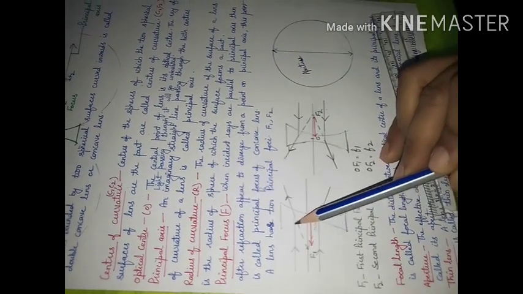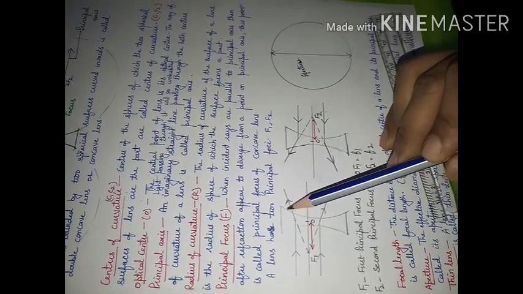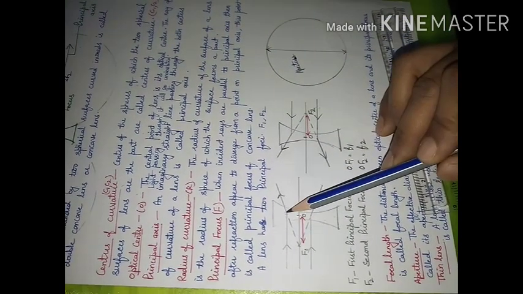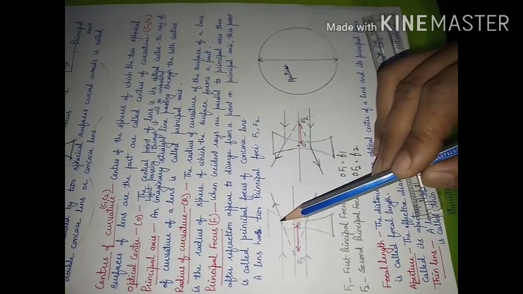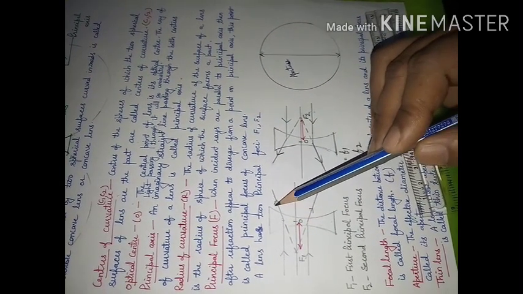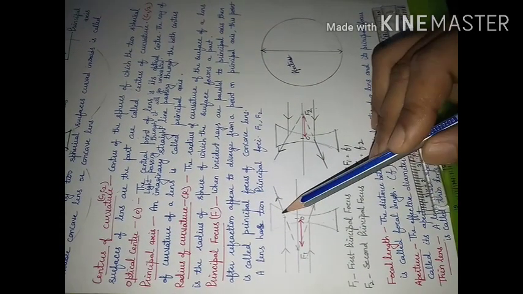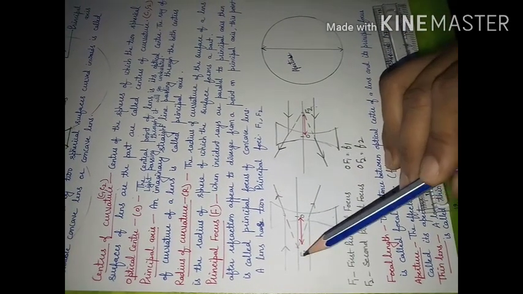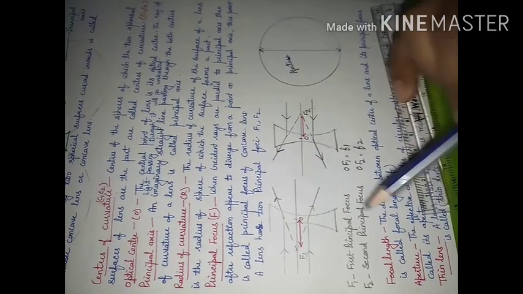So when these rays pass, they will suffer refraction. They will not go straight like this. They will bend from their path and form a diverging beam now. The distance between them is less, and after refraction, the distance between them is increasing. It means this beam was parallel and this beam is going to be diverging. Rays are moving away from each other.